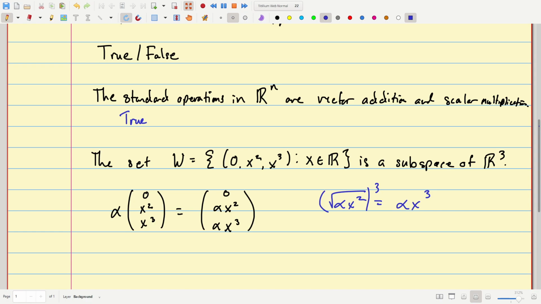So the relationship between these entries is not the relationship that's specified by my subspace. Okay?